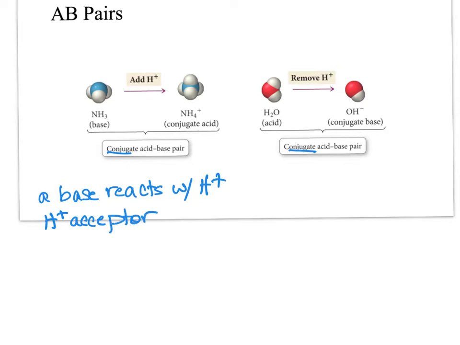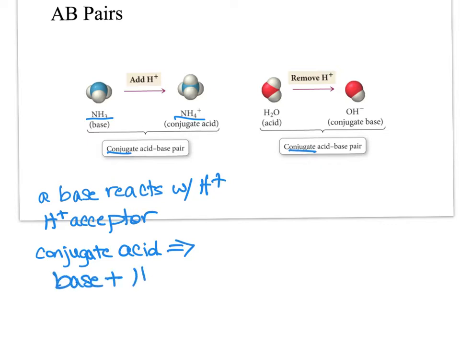And so here you have the base ammonia, and it accepts a hydronium from some other molecule to produce NH4 positive 1. So this ammonium is the conjugate acid of the base. So the conjugate acid is a base plus hydronium. And these are always going to be in pairs. That's a key term there.